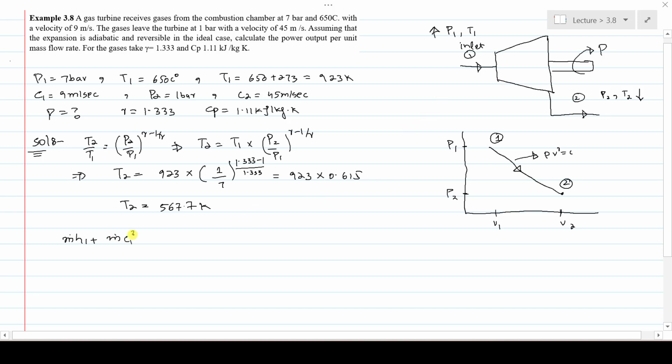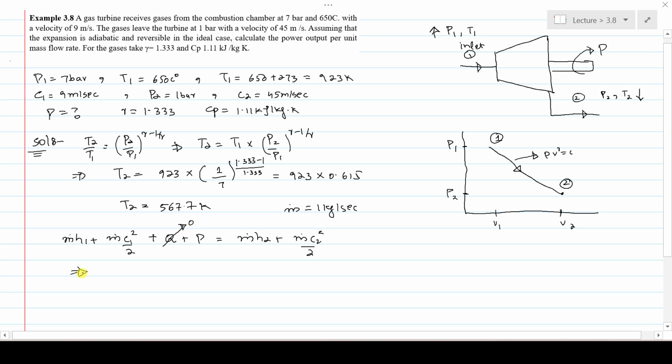M dot C1 square divided by 2 plus heat supplied or rejected plus power input or output is equal to M dot H2 plus M dot C2 square divided by 2. Now take the mass flow rate as 1 kg per second, and also remember this is an adiabatic process. In an adiabatic process, neither heat in nor heat out, so it must be 0.